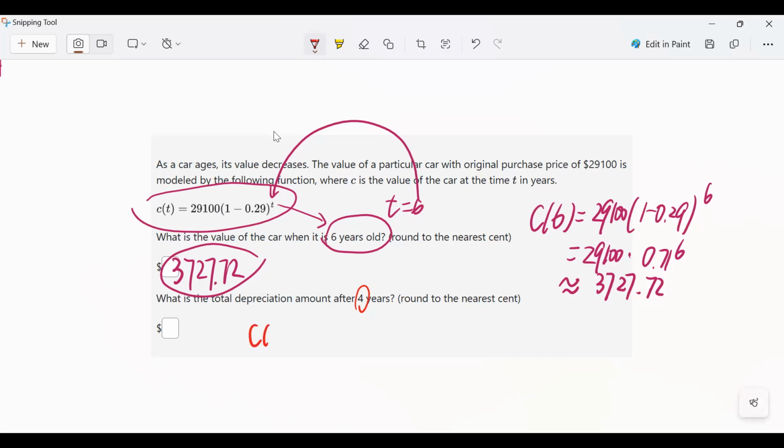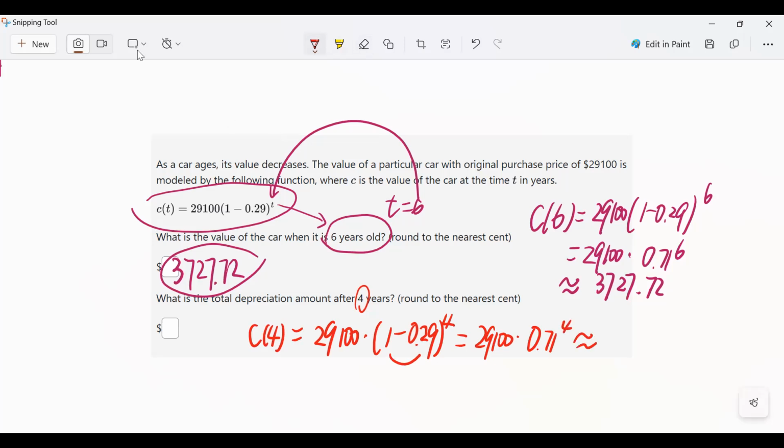So C of 4 is going to be 29,100 times 1 minus 0.29 to the fourth power, which is 29,100 times 0.71. Subtract first, then take the fourth power to get a number.